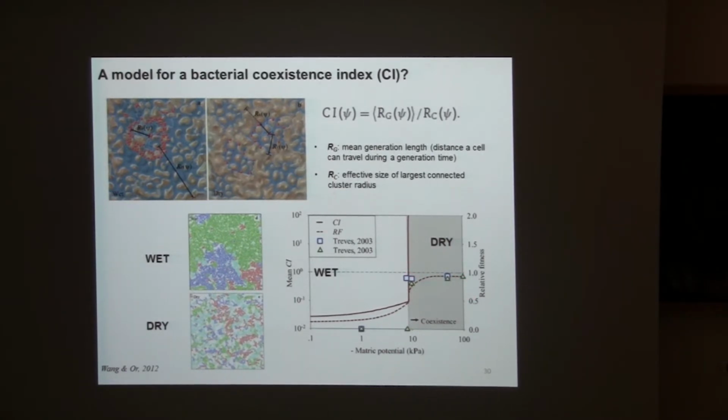Of course, a lot of processes and elements are not present in such a simple way of representing the problem, but we think we can use such an idea to model and predict a little better what happens to microbial diversity and interactions in porous media, including in soil.